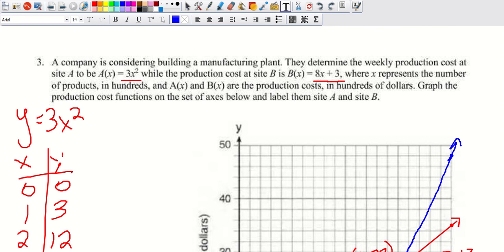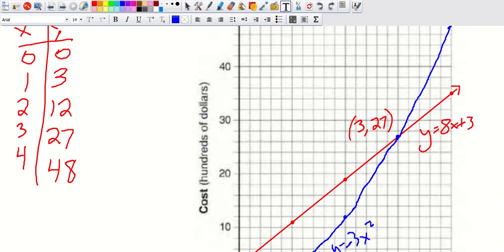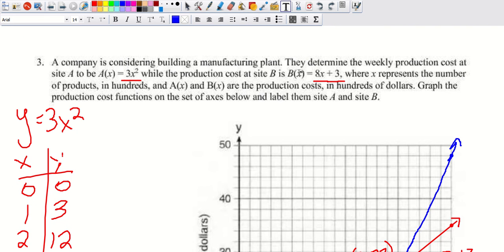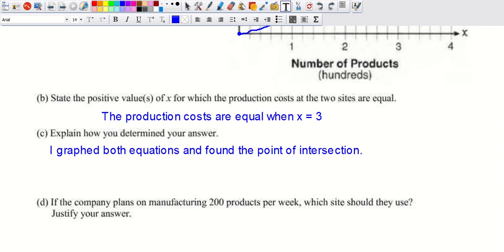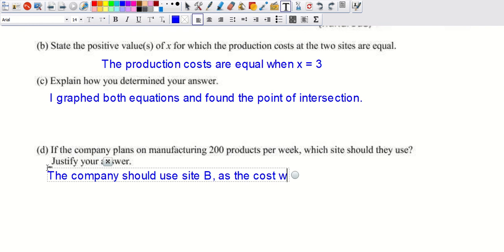So we want to keep the cost down, okay? So we would want to use y equals 8x plus 3, which we want to make sure we talk about as site B. So we would say the company should use site B as the cost will be lower.